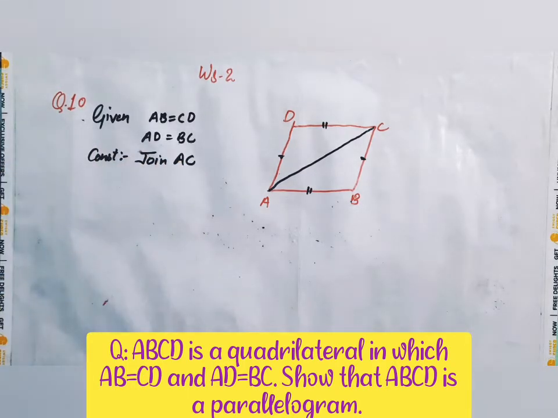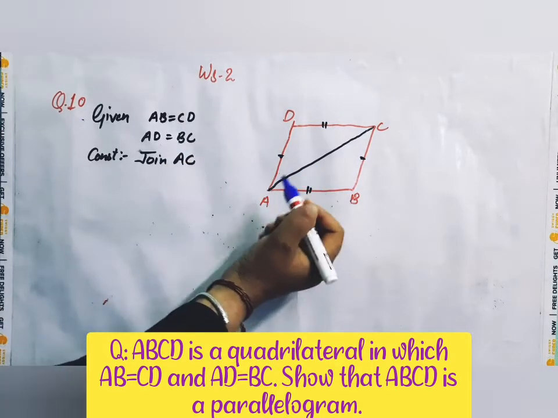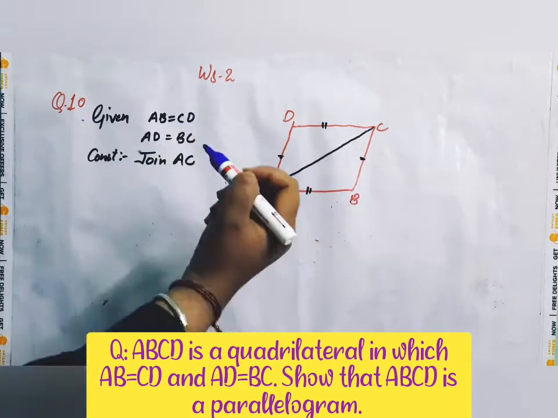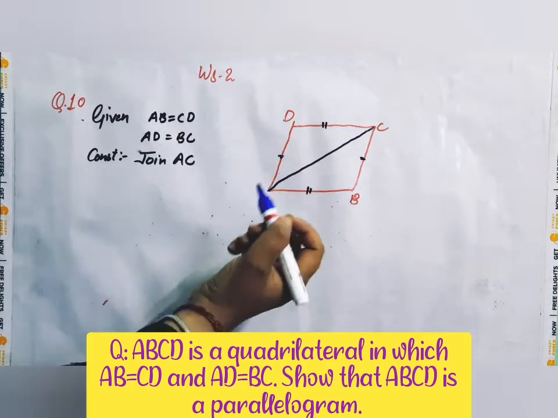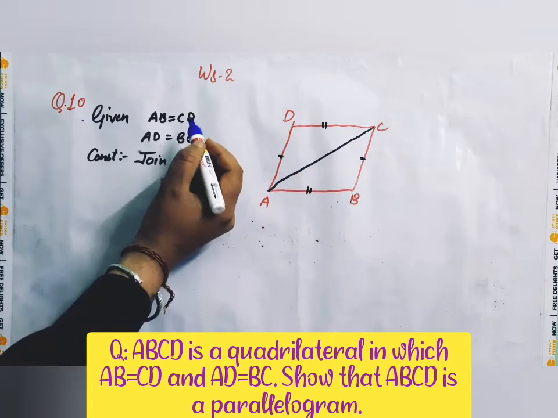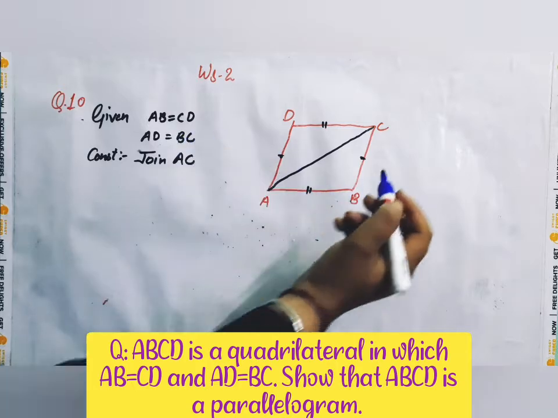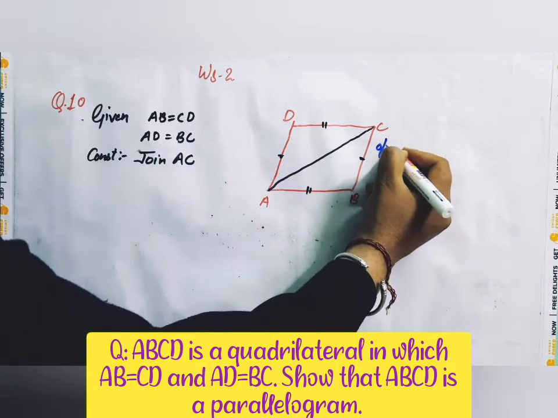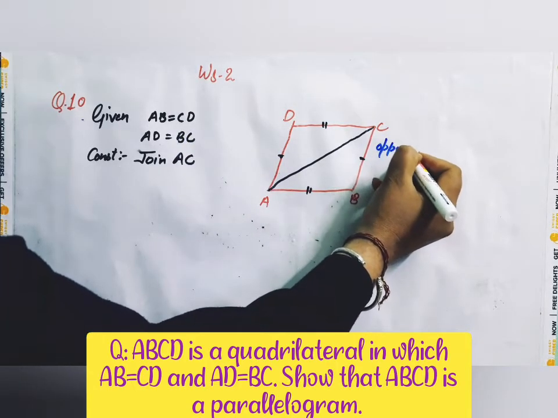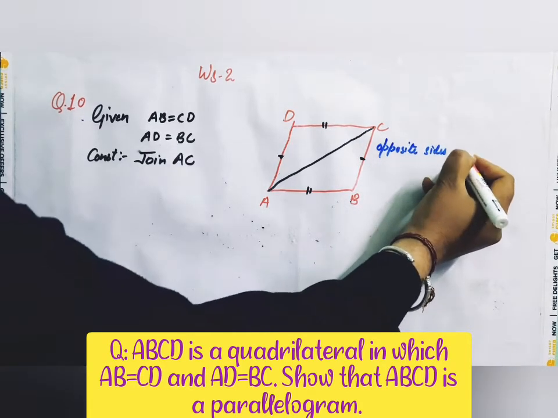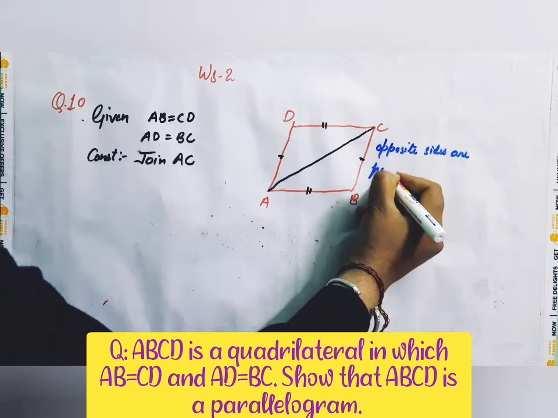Then what will happen when we join this diagonal? Your quadrilateral is divided into two triangles. And what we have to prove here to prove it a parallelogram? According to sides, the property of a parallelogram is that opposite sides are parallel and equal.